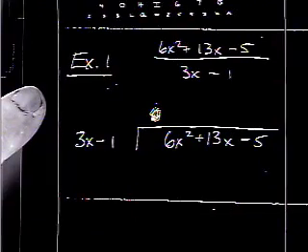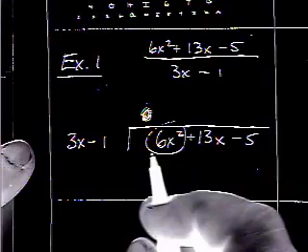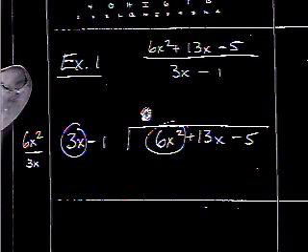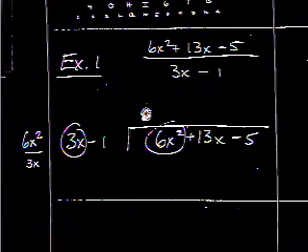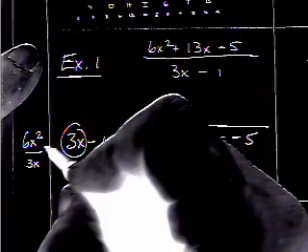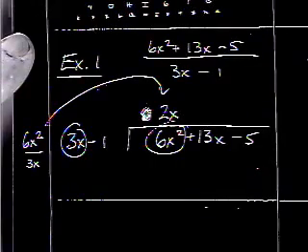Okay, so back to example 1 here. The first thing we need to focus our attention on is 6x squared and 3x. So what is 6x squared divided by 3x? That is 2x. And so that expression is going to go right here, 2x.